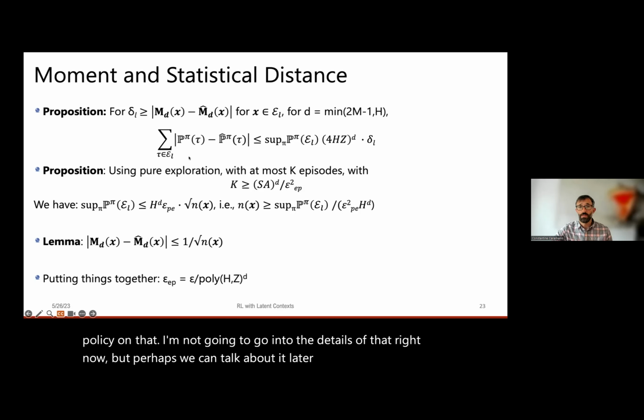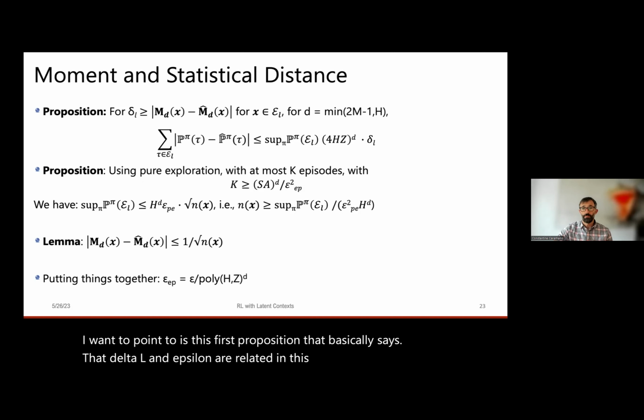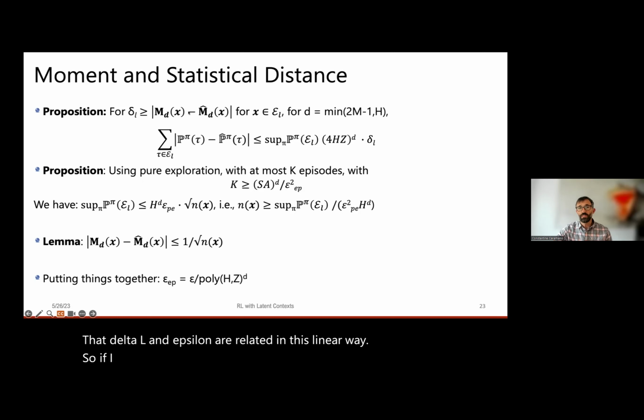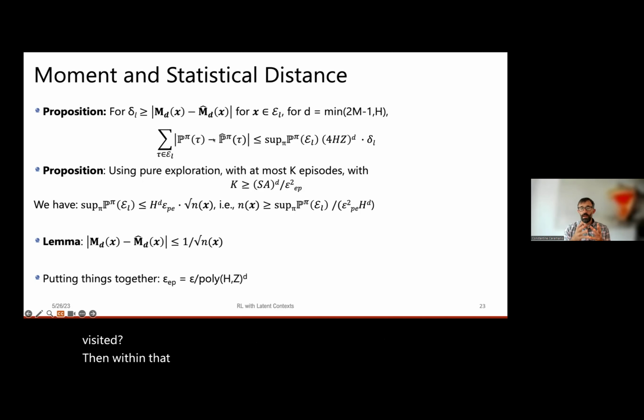So the main result that I want to point to is this first proposition that basically says that delta L and epsilon are related in this linear way. So if I have accuracy on the moments of delta L, remember L is telling us which group we are in, highly visited or less visited, then within that group, epsilon L, the total variation distance, I called it epsilon L before because I didn't know what it was.